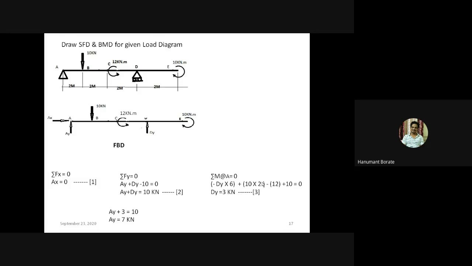We need not multiply by the distance, we just consider the direction of the moment. This 12 kilonewton meter moment is acting in an anticlockwise direction, so I have taken minus 12, and this 10 kilonewton meter is acting in a clockwise direction, so I have taken positive. If we solve this equation, we'll get Dy equal to 3 kilonewton and Ay equal to 7 kilonewton. Now we'll move to the SF.